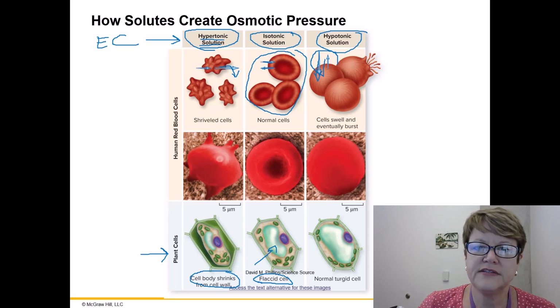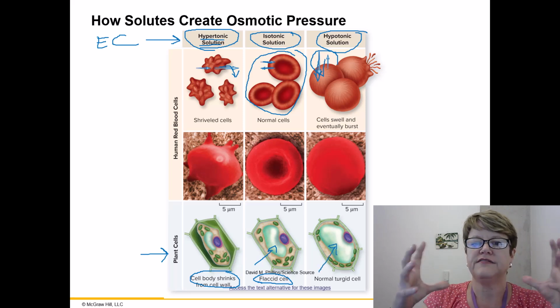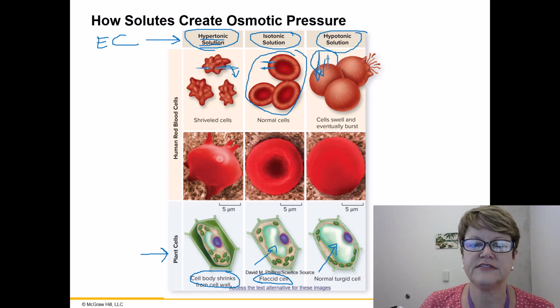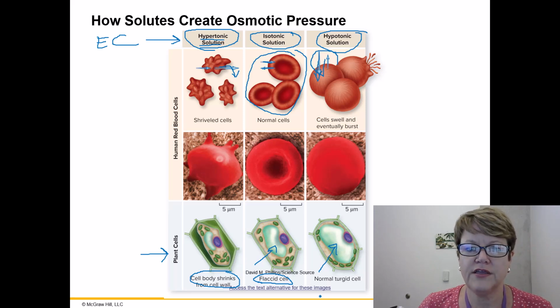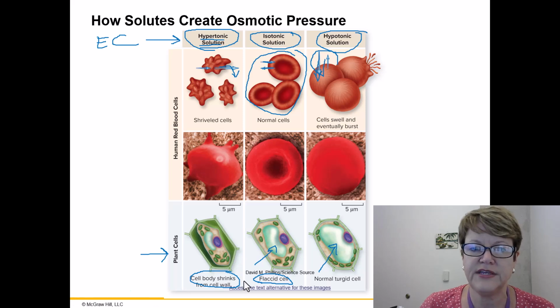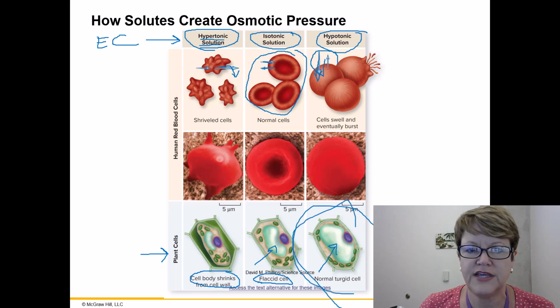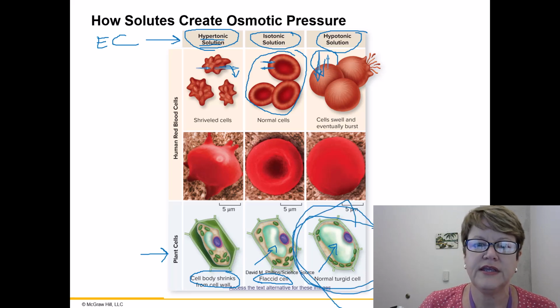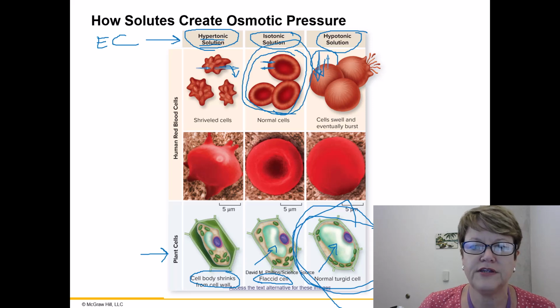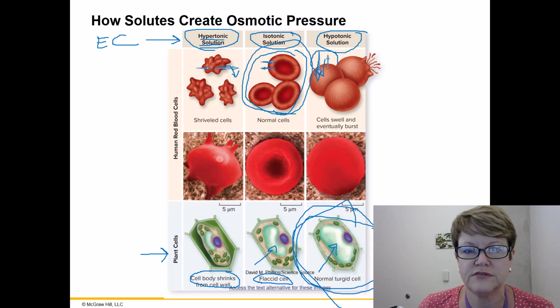And then if you put a plant cell into a hypotonic solution, the central vacuoles will fill up with water, and the cell will be full of pressure against the inside of that cell wall, and we call it a turgid cell. And actually, plant cells are very happy when they're turgid. That means very rigid. So a plant cell is the most happy when it's turgid. An animal cell is happier in an isotonic solution.